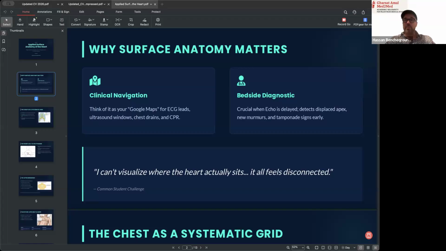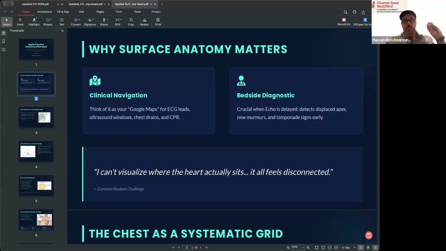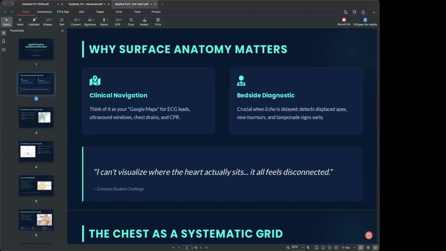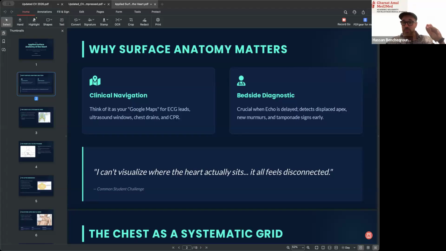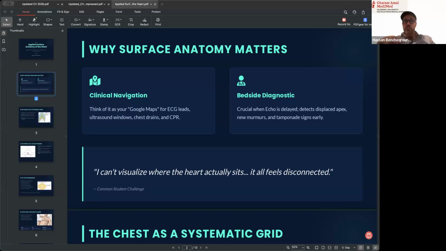This pulmonary circulation is connected to what? To the lung. And on the other side connected to what? Right atrium, lung, and the left atrium. The right ventricle is pumping blood to the circulation of the lung.